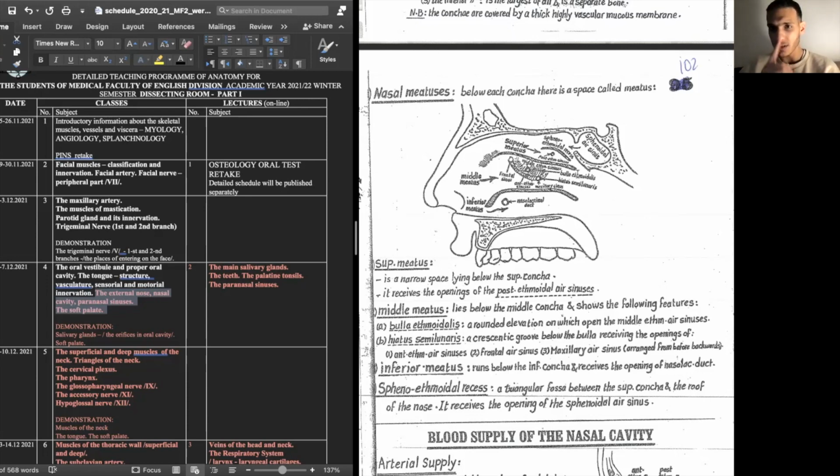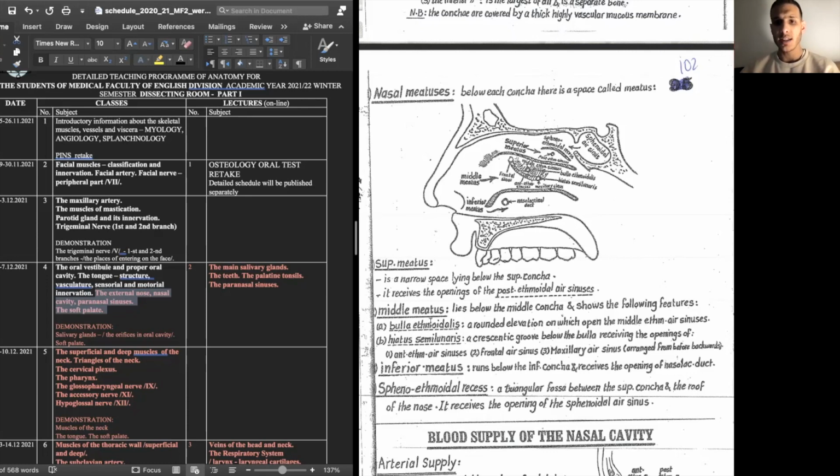The posterior ethmoidal paranasal sinus opens at the superior meatus.